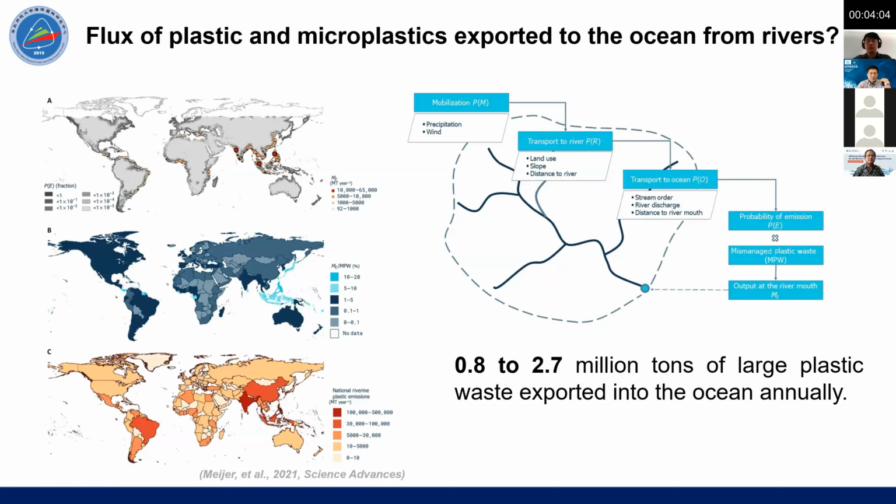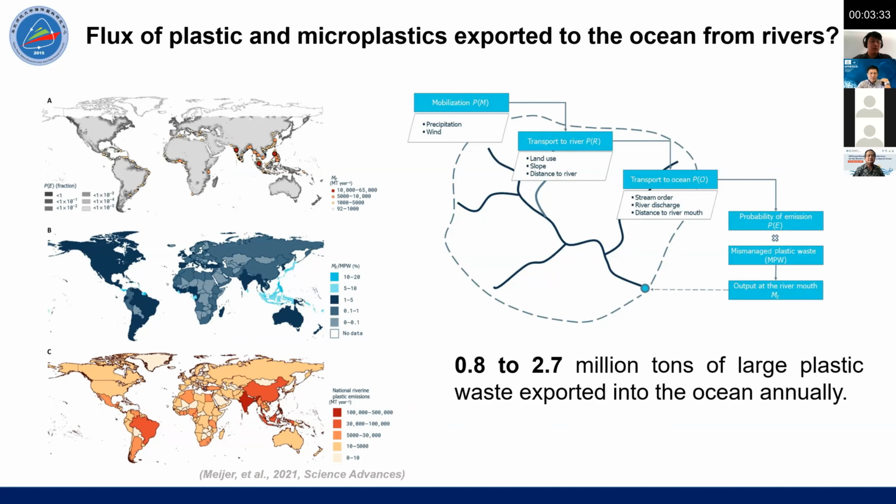With knowledge increasing, more efforts have been made to improve the accuracy of estimation. Meijer et al. recognized that these studies did not account for spatial distribution of plastic waste generation or climatological and geographical differences within the river basin.